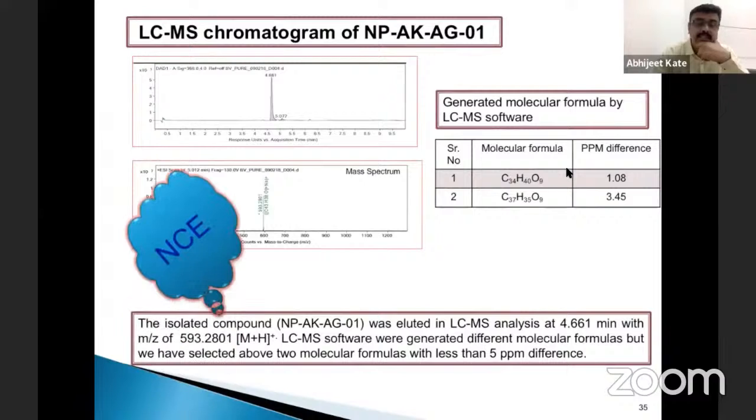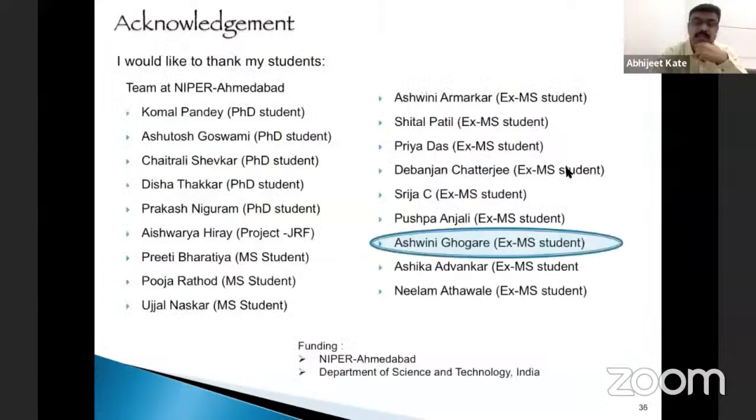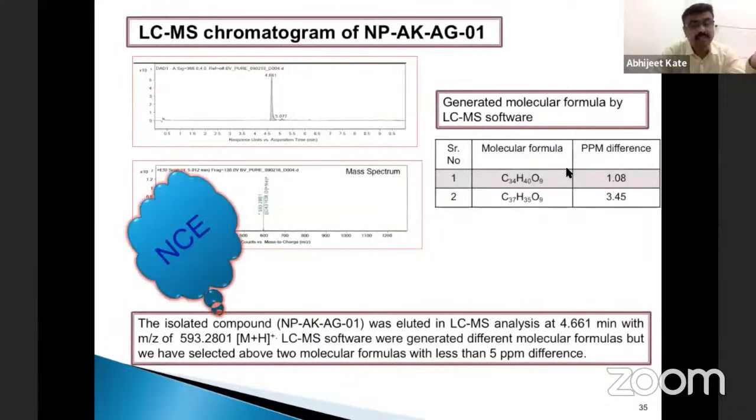And then we are working on the NCE. We kind of know the scaffold structure, but since the amount isolated was very less and we could get only proton and carbon NMR, we are working on the large scale isolation of that compound now. It's almost there, and I think we should get the structure.